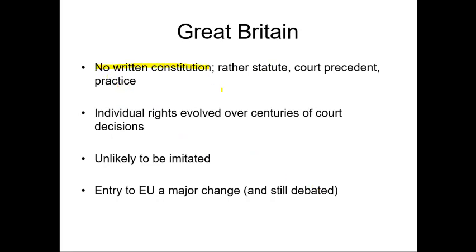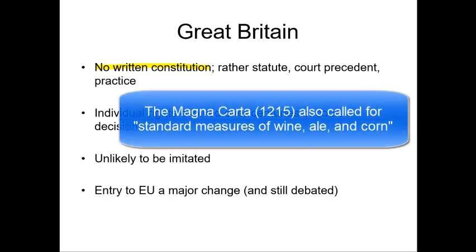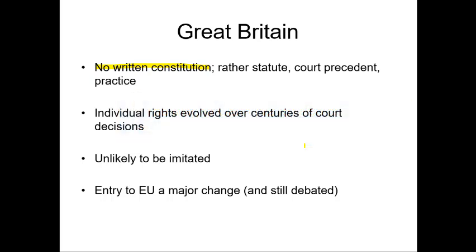Interestingly enough, even though we are kind of a product of it, Great Britain does not have a written constitution. It is one of the oldest representative type systems in the world, with the parliament going all the way back to the Magna Carta, which was kind of the forerunner to a parliament system, and then back on up to the Glorious Revolution in 1688, where the parliament essentially took control over policy making from the monarchy.